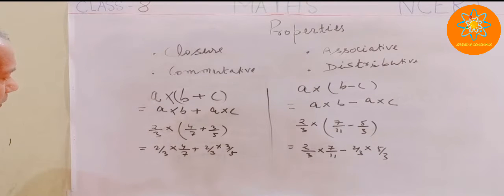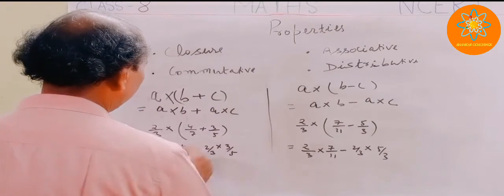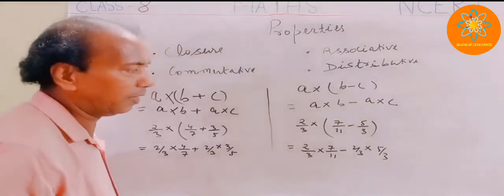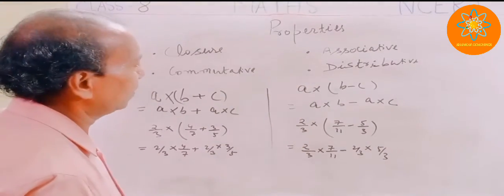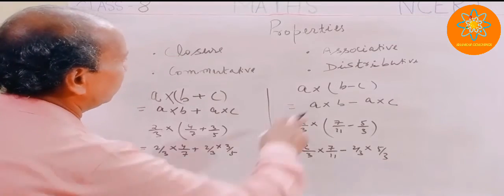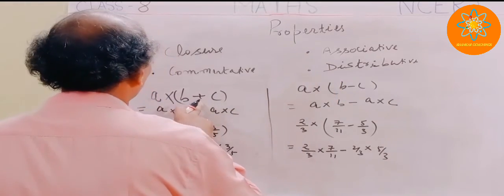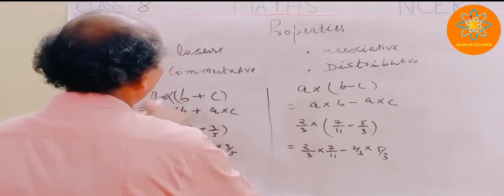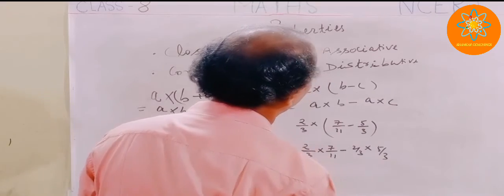In this case, you will find that the values of the left hand side and right hand side are equal. Here also left hand side and right hand side are equal. So, the distributive property is true for multiplication over addition, and here for multiplication over subtraction.